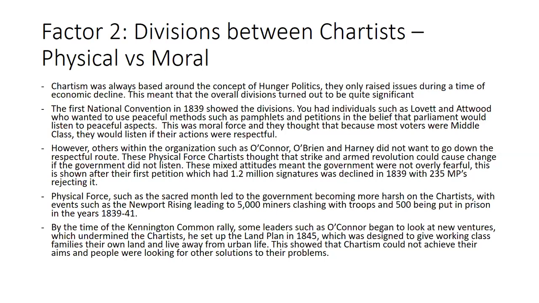This showed that Chartism could not achieve their aims as there were people looking for other solutions to their problems. So I think that is a big factor. The fact that the Chartists couldn't really organise themselves suggests that the Chartists were never going to be able to be a real threat to the status quo of society.